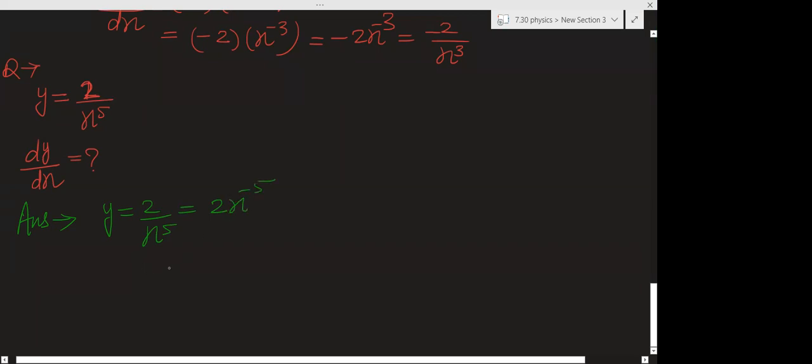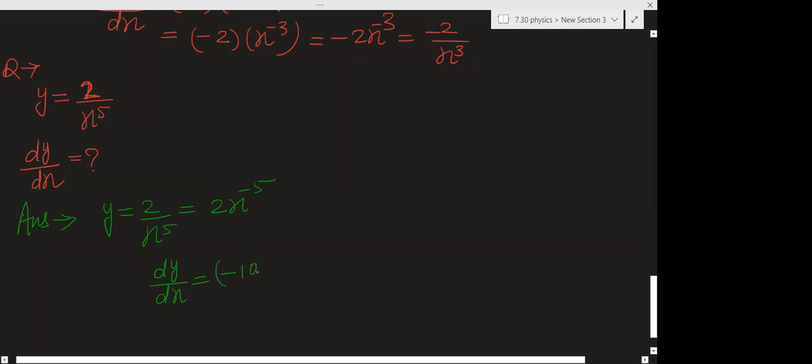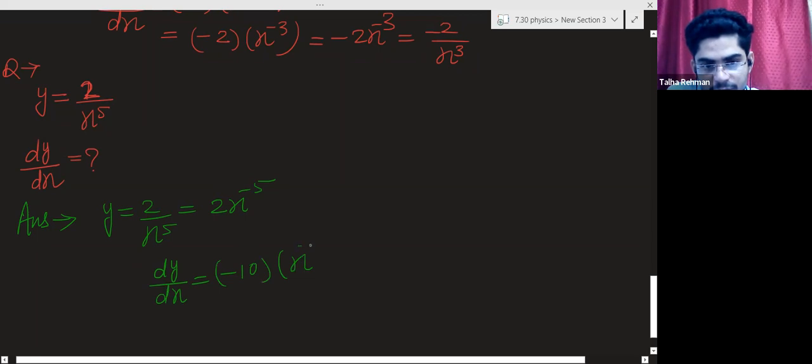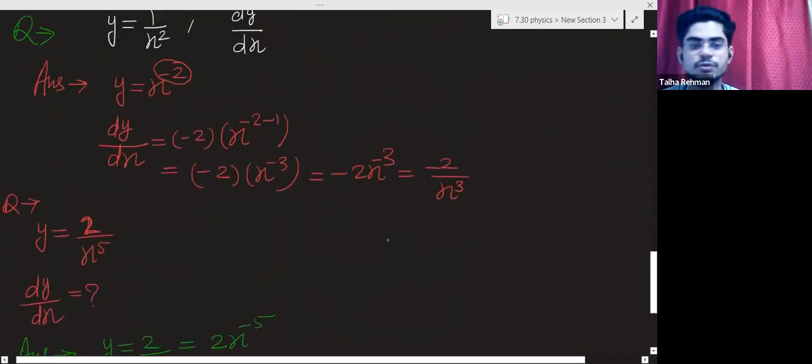Now when I write dy by dx, I will multiply this minus 5 with 2. This will be minus 10, and x will be raised to the power minus 6. Minus 10 into x to the power minus 6. This is enough. This is the end of differentiation for you.